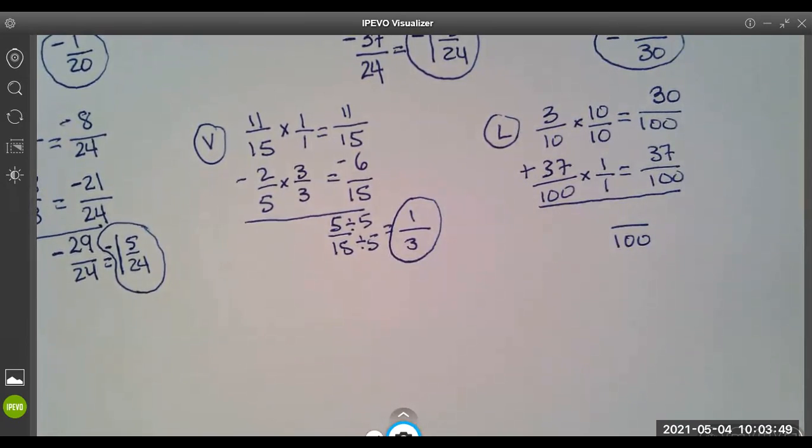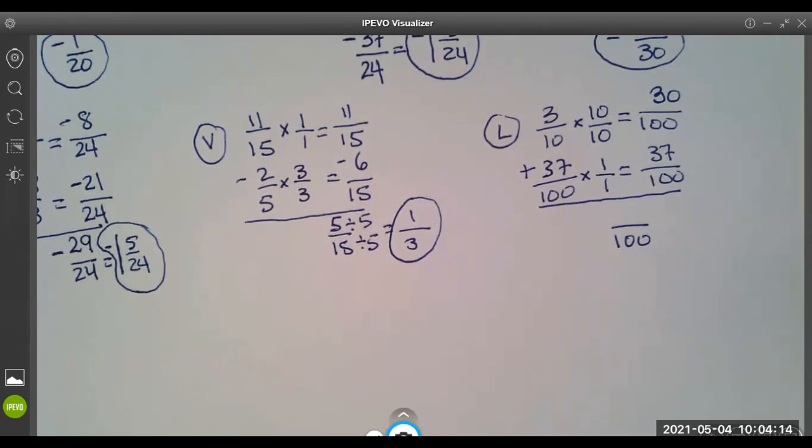So what do we do if they're the same sign? What do we do? They're the same sign.